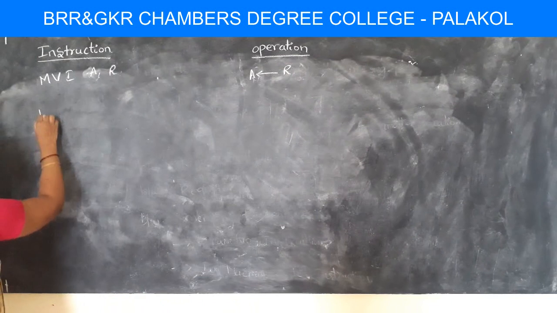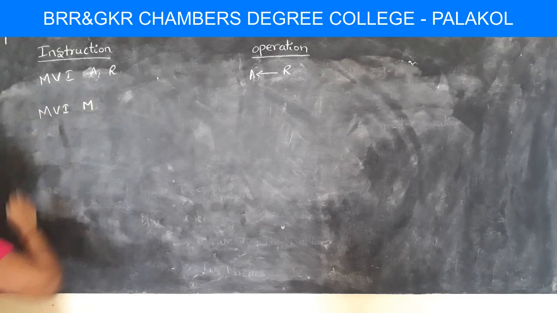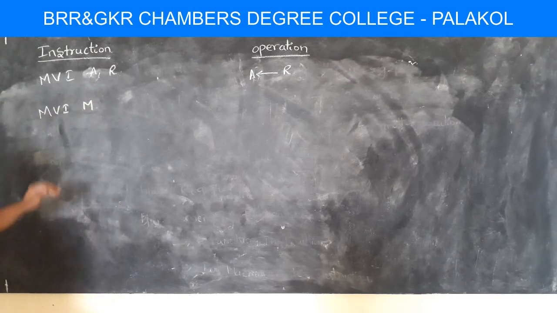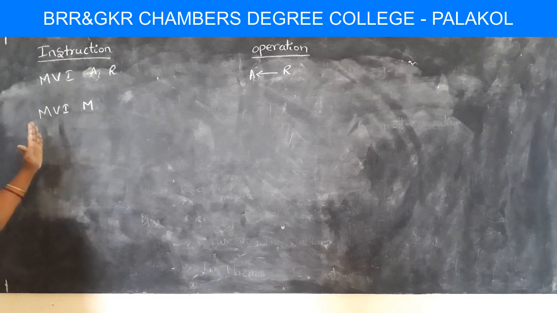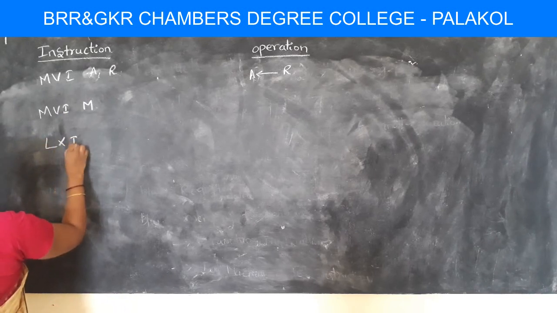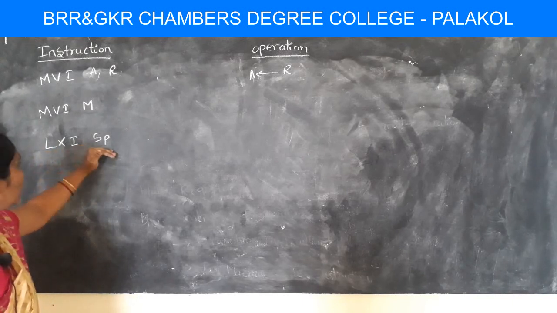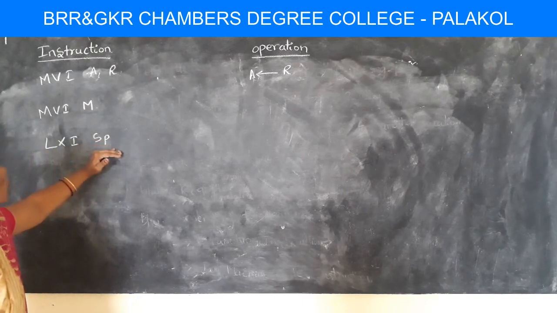And after that, MVI comma M. That means whatever contents are there are copied to this memory location. Okay. And the next instruction is LXI SP. LXI SP is nothing but the stack pointer.